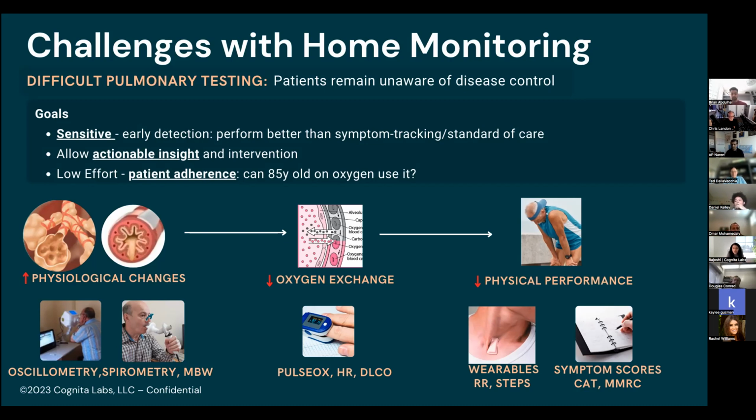So our goal is, if we want to detect exacerbation, or detect lung function decline early, we want to measure the physiological changes, not the oxygen level or the symptoms that happen late. Our challenge with home monitoring is that if we want to intervene early and detect those episodes, we want a sensitive measurement of physiology.